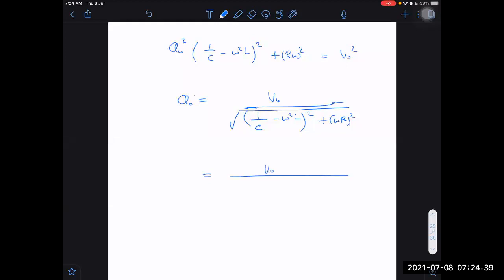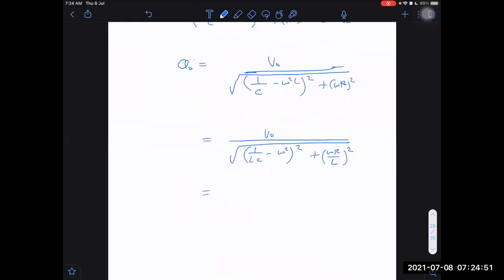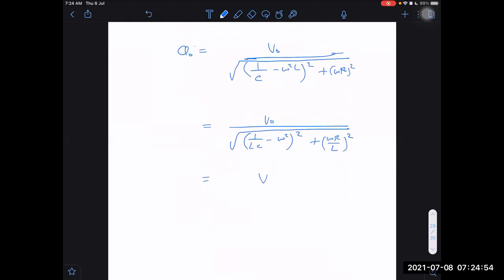Then I get V naught divided by root of (1 by LC minus omega square) whole square plus (omega R by L) whole square, which is equal to V naught divided by, what is 1 by LC? Omega naught square minus omega square whole square plus, what is the second term?